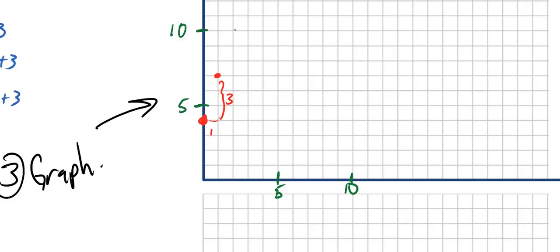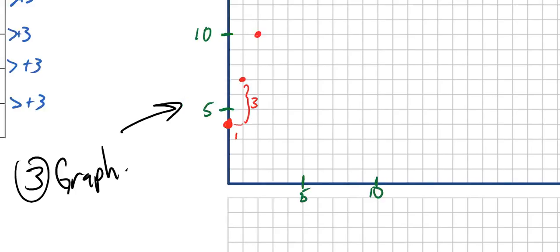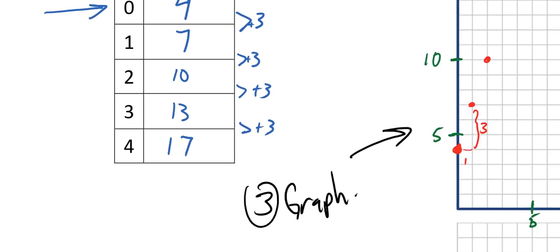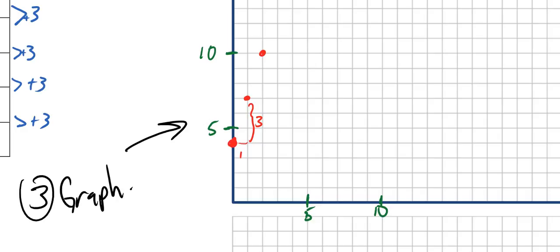Over 1, up 3. From 7 up to 10, just like I did here. So I look at this, watch. When x is 1, y is 7. When x is 2, y is 10. I can plot the points like that, like we did before as well.